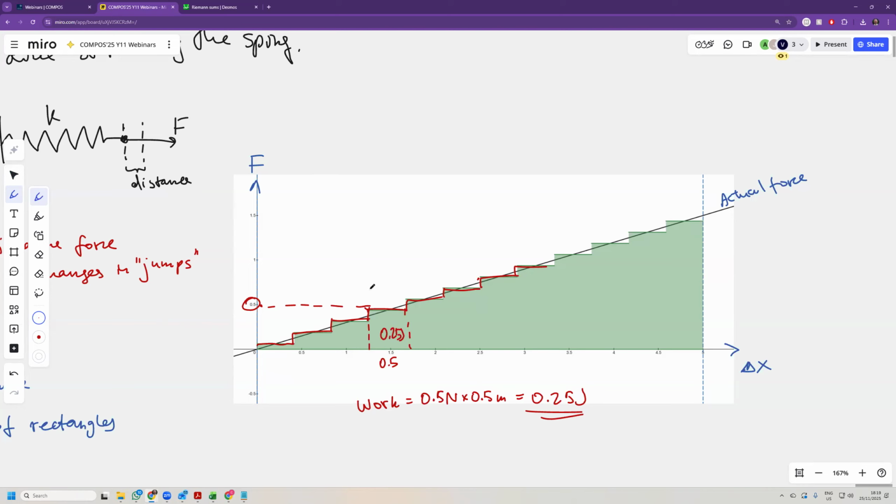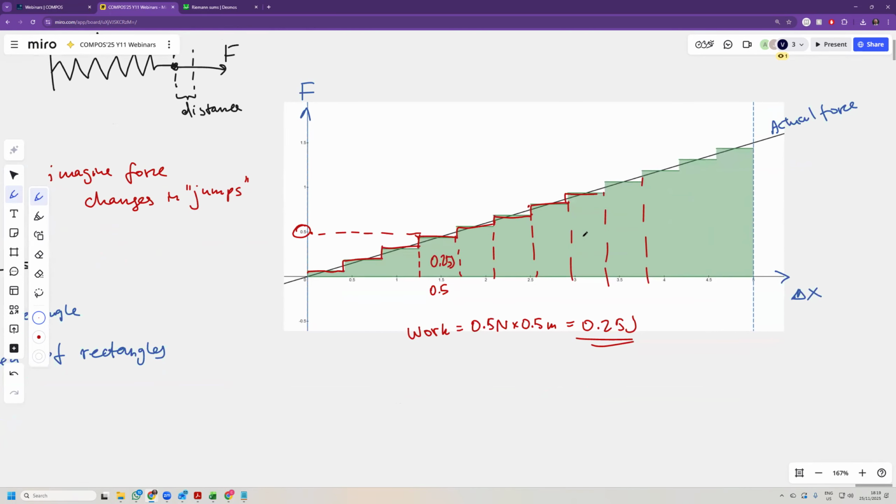Sammy, yes, you're correct. It is easier. But how do you know that the area of the triangle is equal to the work done? I know in a school book they will just tell you that. But I'm explaining why it is so. Right. So if you add all of these rectangles, that's approximately the work done.